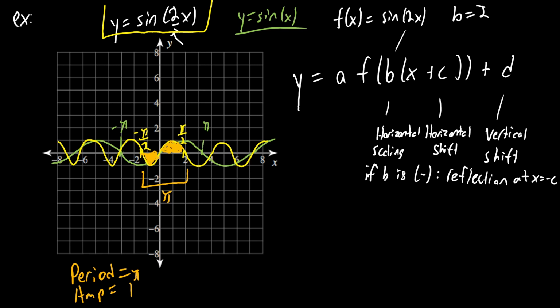And this is going to be vertical scaling. And if this is negative, there's a reflection at y equals d.